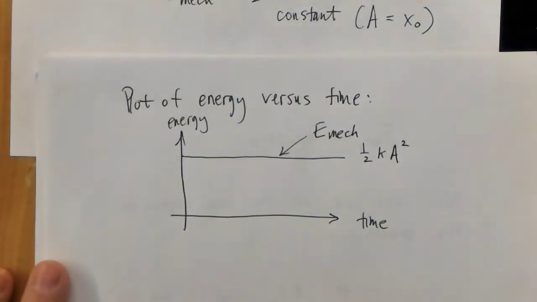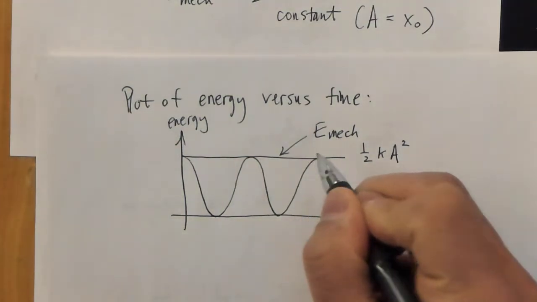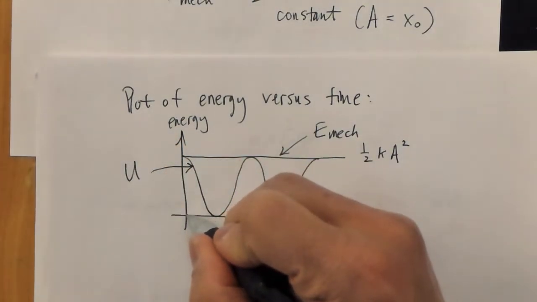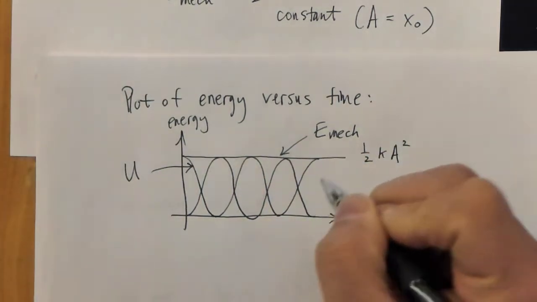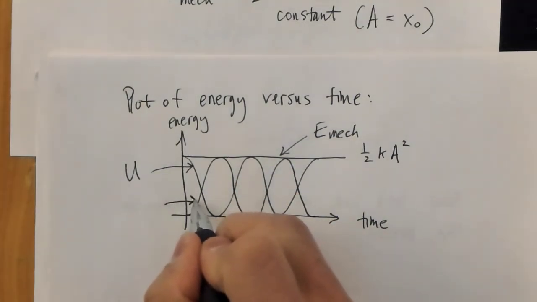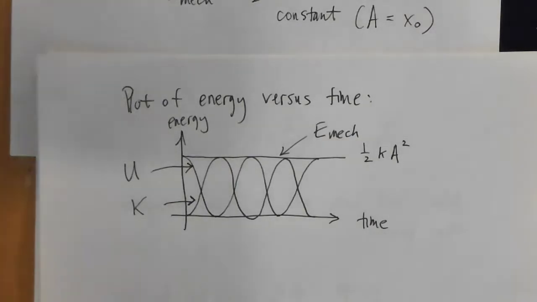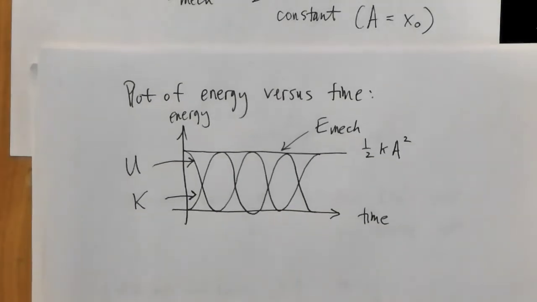But then my potential energy will look like this. It'll be a cosine squared function. And then my K will look like this. It's kind of cool, those curves, when you add them together, they add up to a constant. These wiggles even each other out. Okay. Any questions? Pretty good.